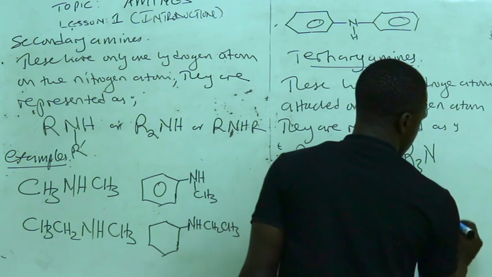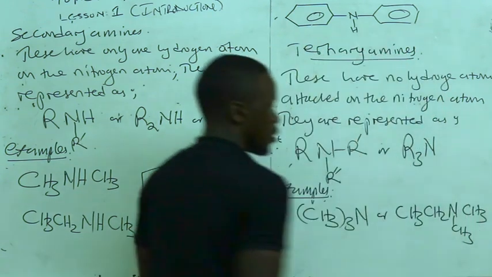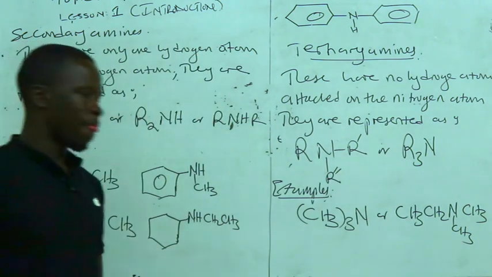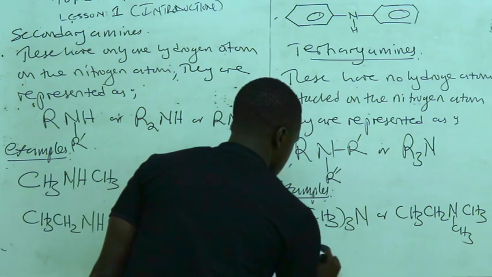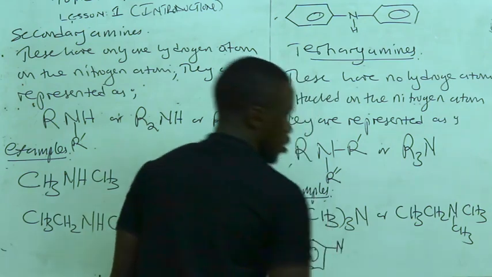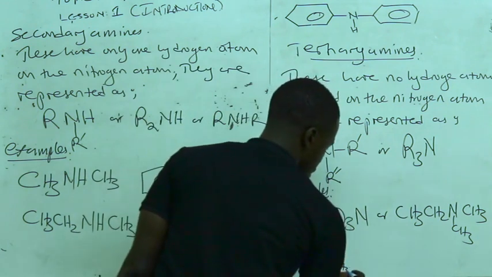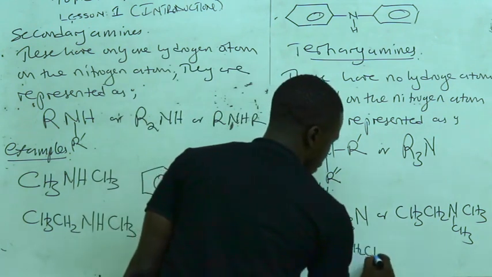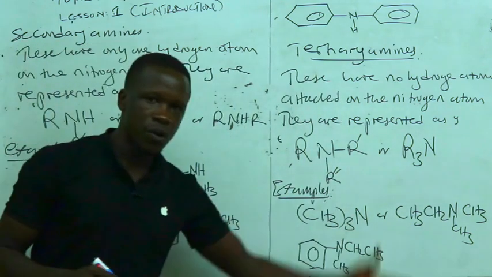CH2, N, maybe these ones are the same. It could even be that one is a phenyl group and then the others are not. They are alkyl groups and they are all different. These are all amines.